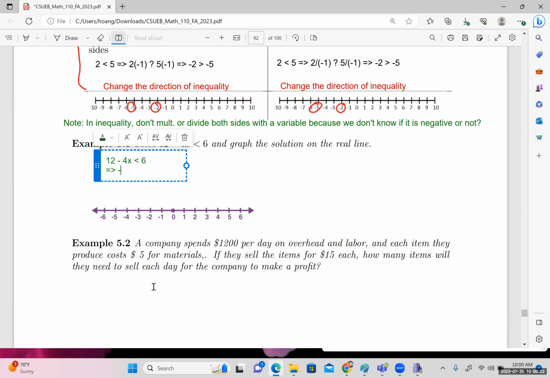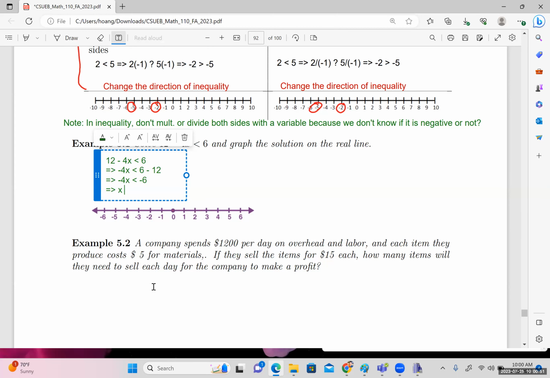So -4x less than 6 minus 12, right? So then it signifies -4x will be less than -6. Right.